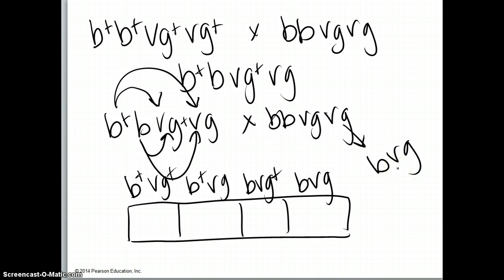Okay, and note that this is just 2 genes. VG is for vestigial. So it's going to be B VG. And when you do this, there's going to be 4 possibilities.